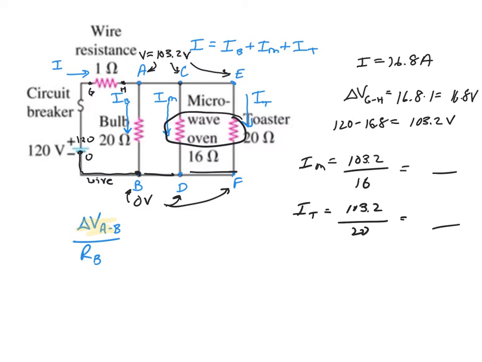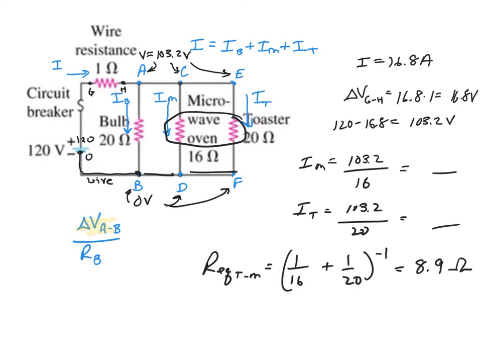So the R equivalent for the toaster and the microwave is 1/16 plus 1/20. I'll do that on my calculator, and that comes out to be 8.9 ohms.